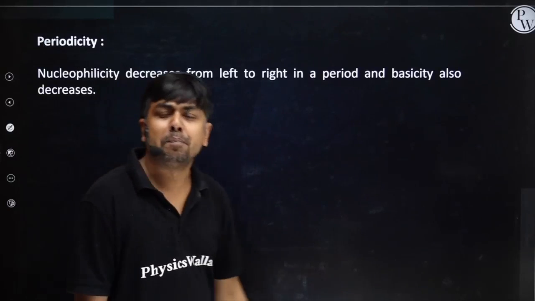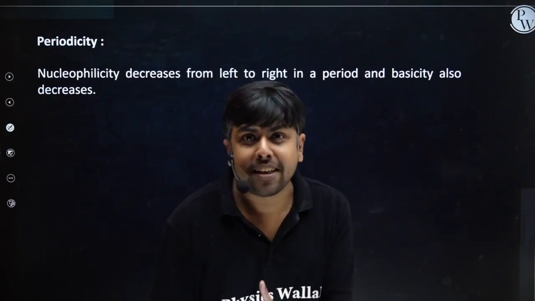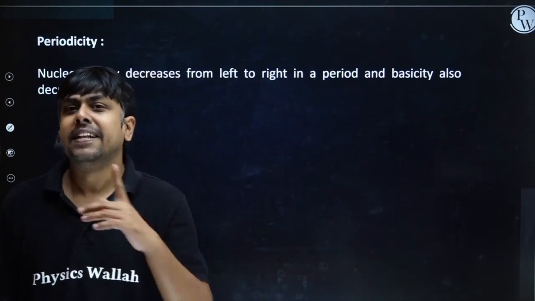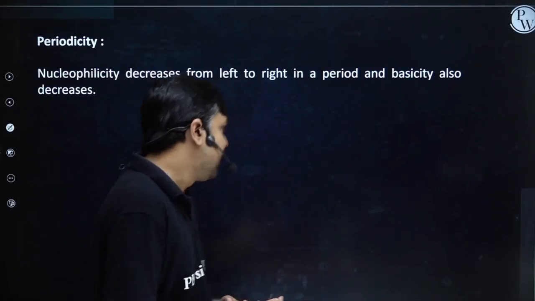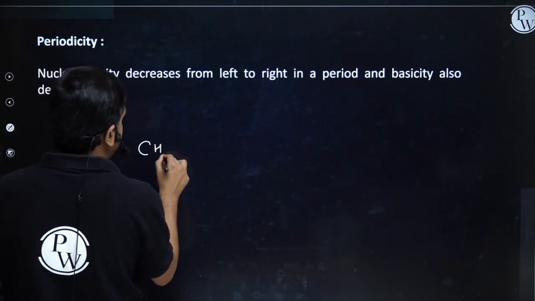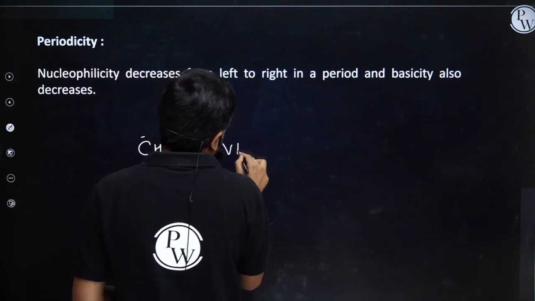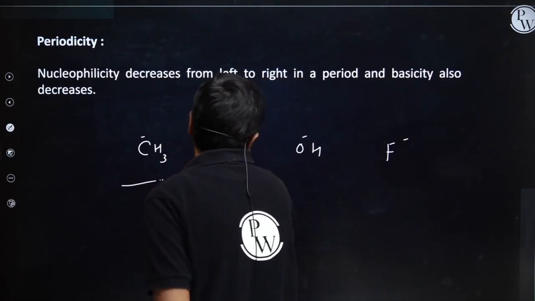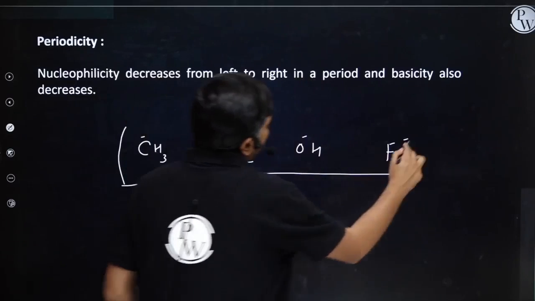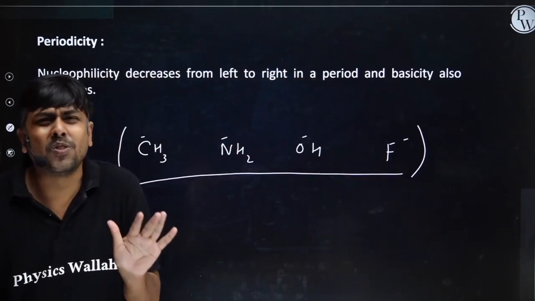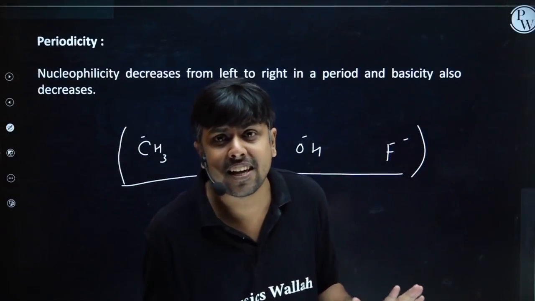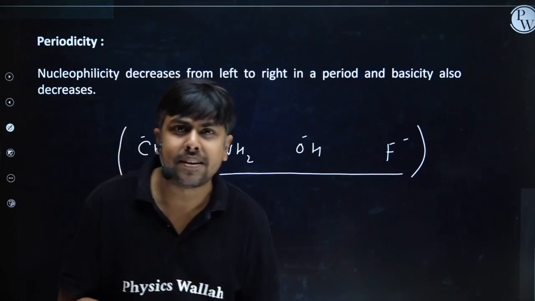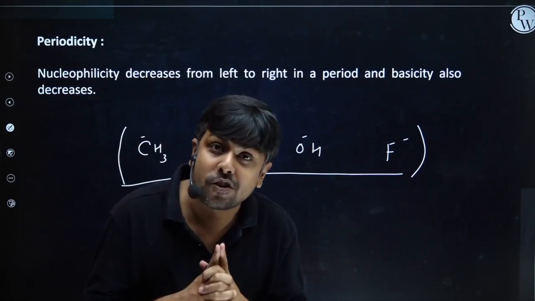Periodicity. Students, both nucleophilicity as well as basic strength decrease as we move from left to right across a period. Let's talk about it. I'm having CH3 minus, NH2 minus, OH minus, F minus. Across a period, size almost remains the same. There is not much significance in change in atomic size. Now here, nucleophilicity as well as basic strength will depend on electronegativity.